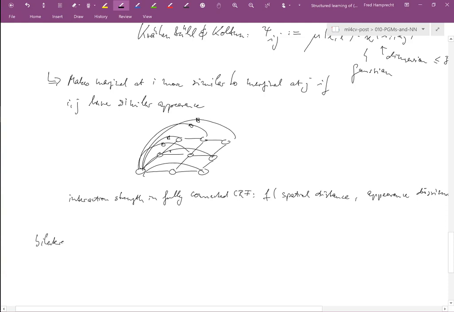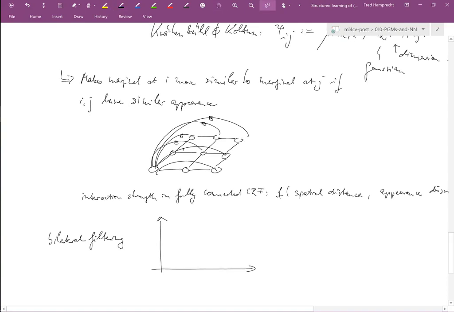In bilateral filtering, we proceed as follows. I'm giving you an example of just a single row of an image. This would be space. And this would be appearance. Space usually is 2 or 3 dimensional.